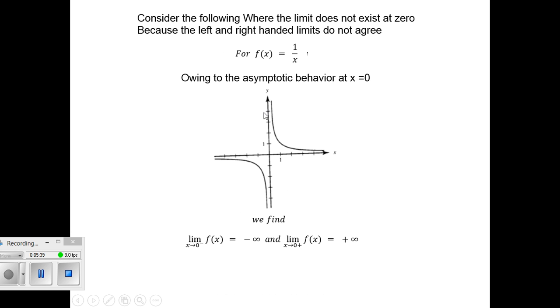One side moves towards negative infinity, one side towards positive infinity. They're totally divergent directions. The limit as x approaches 0 does not exist.